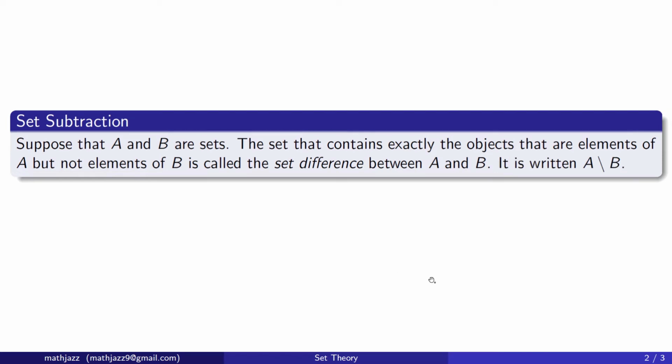A minus B goes A, and then the slash, and then B. So we take all the elements of A, we delete the ones that are in B.